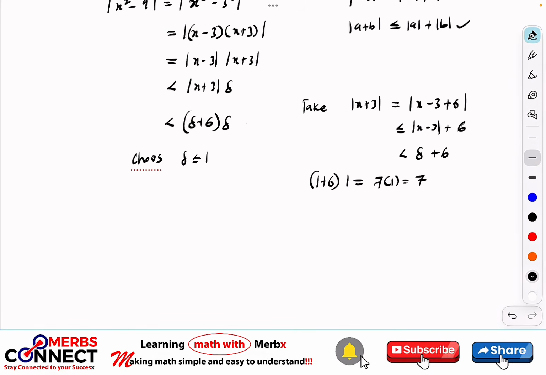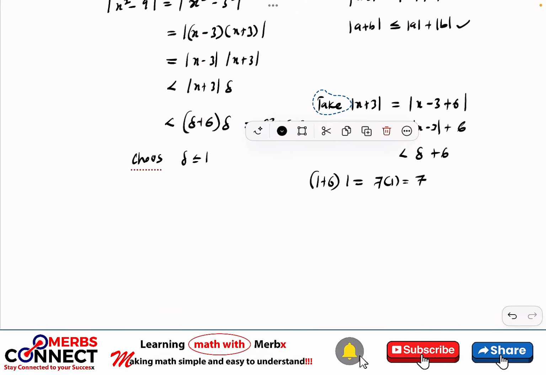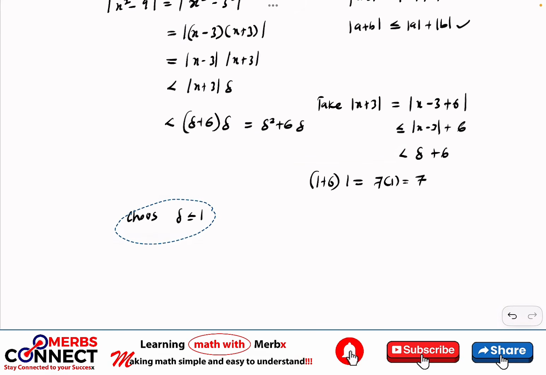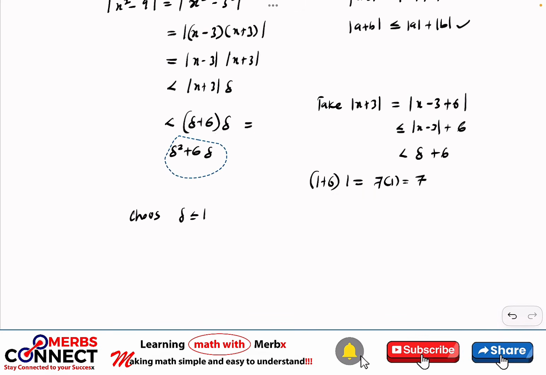Okay, this is the same as delta squared plus 6 delta. Good. So let me do it that way first before I choose it so that you understand what I'm doing here. Good.